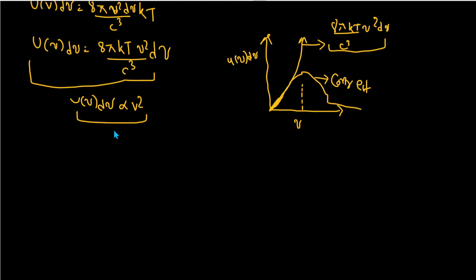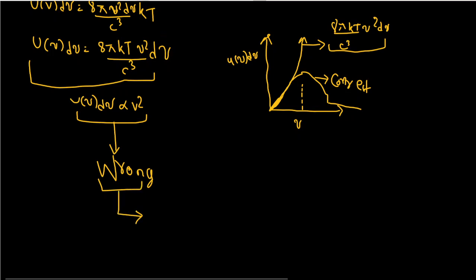This term blows up to infinity, which again is wrong. This is termed the so-called ultraviolet catastrophe. That exactly is the ultraviolet catastrophe and the problem with the Rayleigh-Jeans law.